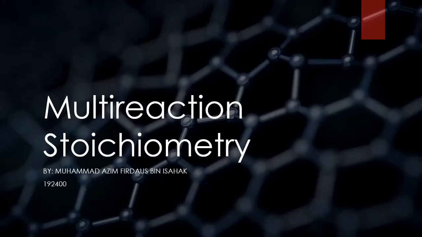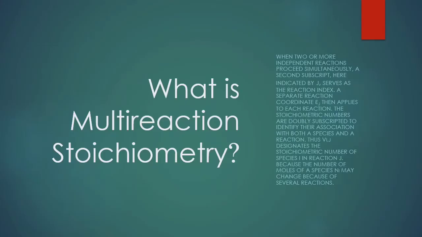Hi and Assalamualaikum. My name is Muhammad Azim Firdaus bin Ishaq and I will be presenting about multi-reaction stoichiometry in chapter 13. So what is multi-reaction stoichiometry? It is when two or more independent reactions proceed simultaneously, and the second subscript, indicated by j, serves as the reaction index.